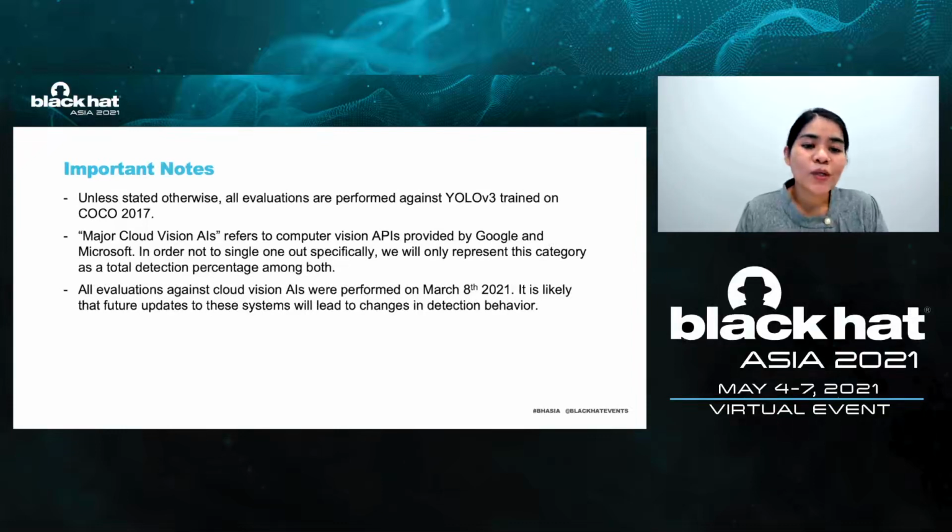In order not to single out which one is better, we will only represent this category as a total detection percentage. All evaluations against the cloud vision AIs were performed on March 8, 2021, so it's likely that feature updates to these systems will lead to changes in detection behavior.